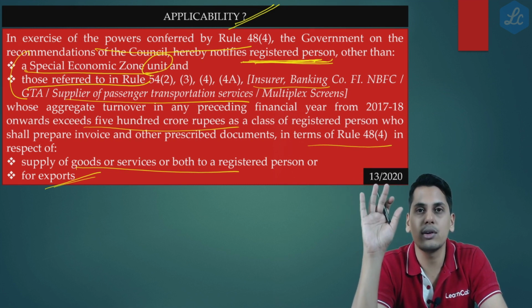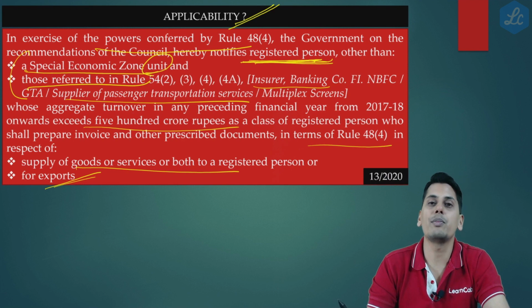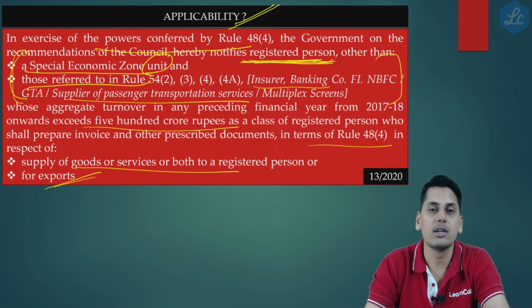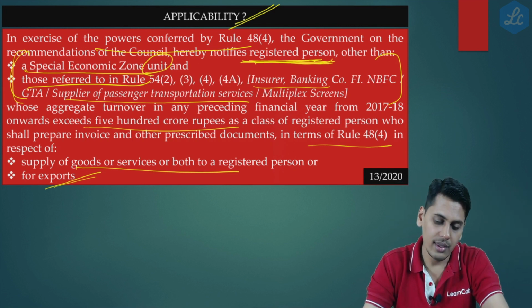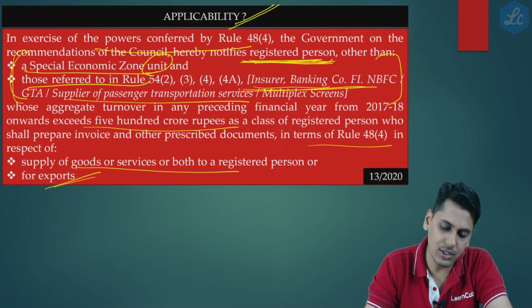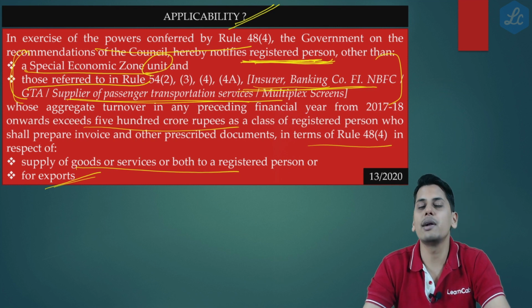So friends, there is so much content in this notification. Notification 13/2020 tells you that 48 sub rule 4 shall be applicable to whom? It shall be applicable to registered persons other than these persons. So friends, who are ruled out? SEZ unit is ruled out. These specified suppliers are ruled out: insurers, banking companies, financial institutions, NBFCs, GTA, supply of passenger transportation services and multiplex screens.